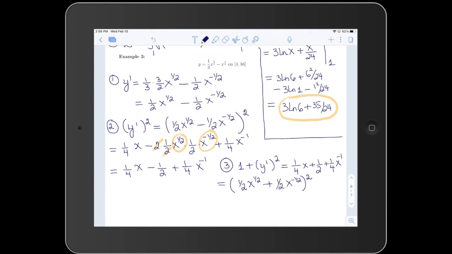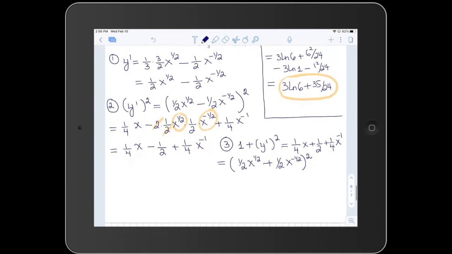All right, so what is our last step? We're setting up our integral. The length of this curve, we go from 4 to 16. I'm going to take that square root. Square root and square cancel out.